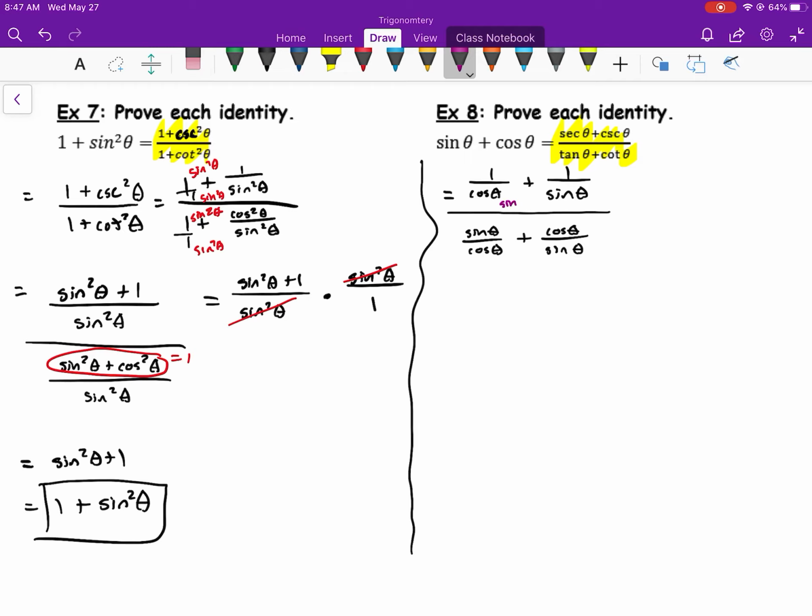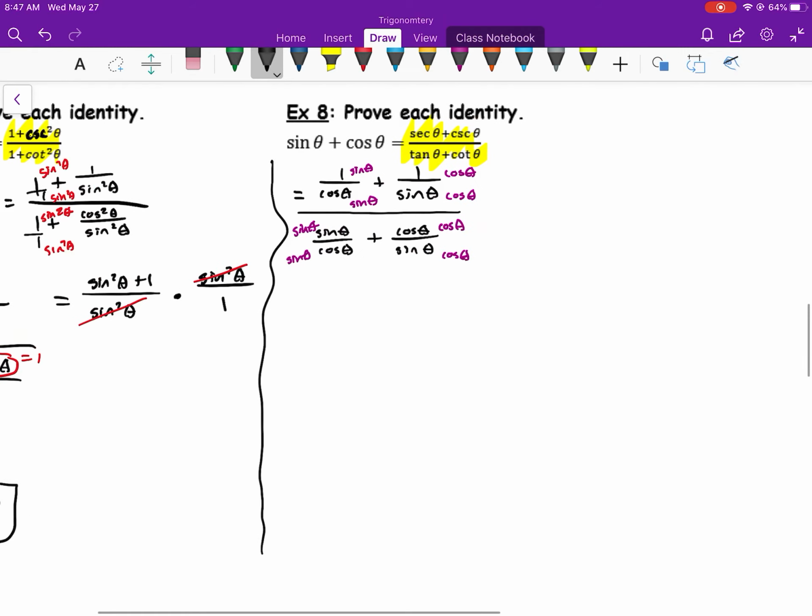Need common denominators. So this side gets sine, this side gets cosine, this side gets sine, this side gets cosine. Crazy looking.